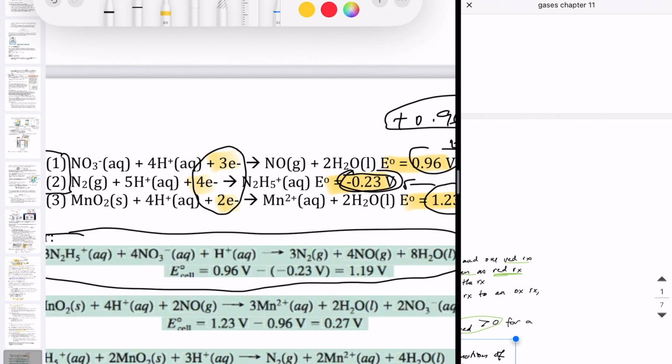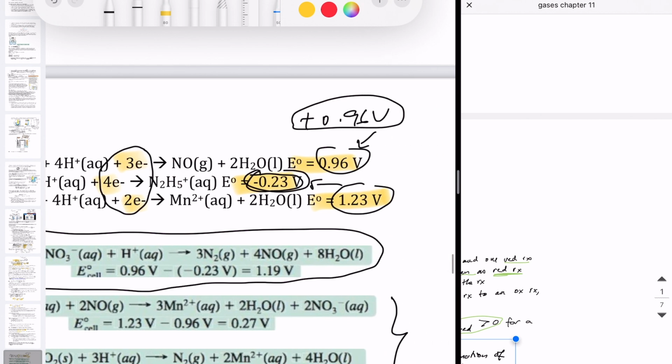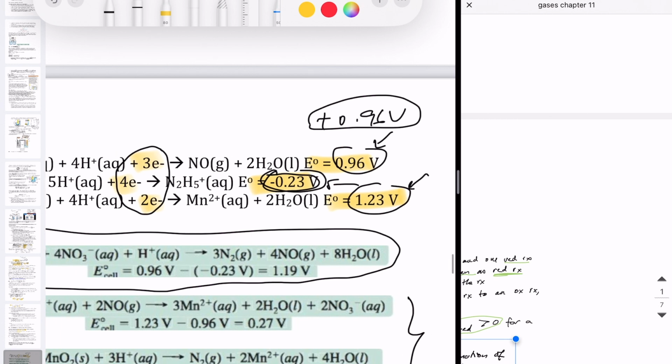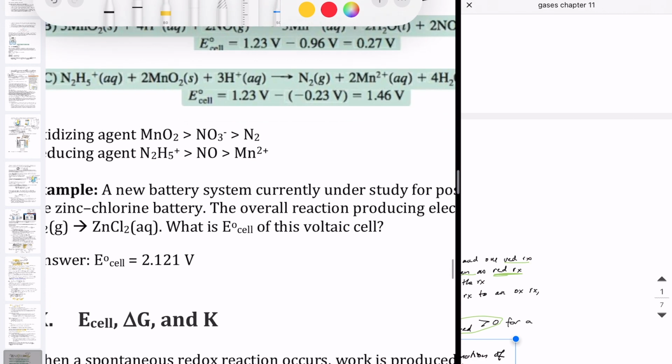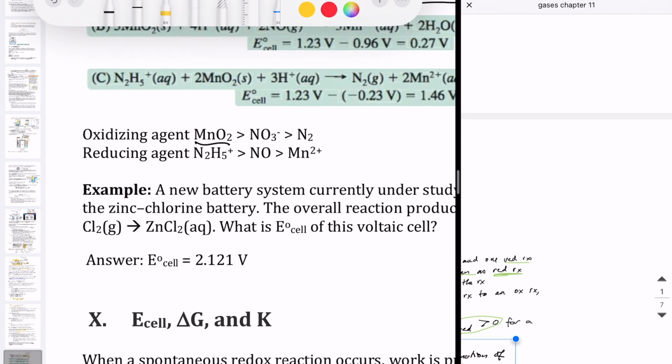When they're accepting electrons, they're getting reduced, which means they're oxidizing agents. So we're talking about how good these guys are being oxidizing agents. The one that has the most positive value will be the strongest oxidizing agent. The one that has the least positive value will be the weakest oxidizing agent. So this is the strongest oxidizing agent, that's the second, and that's the third, okay?